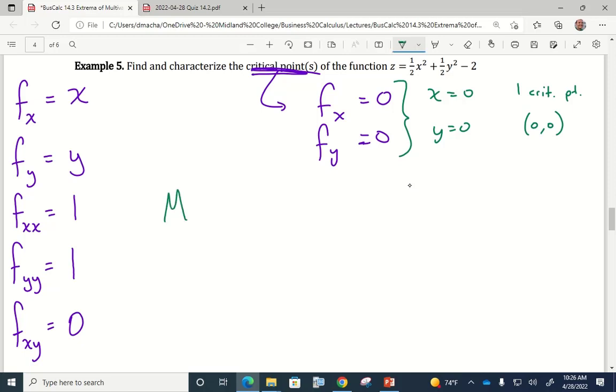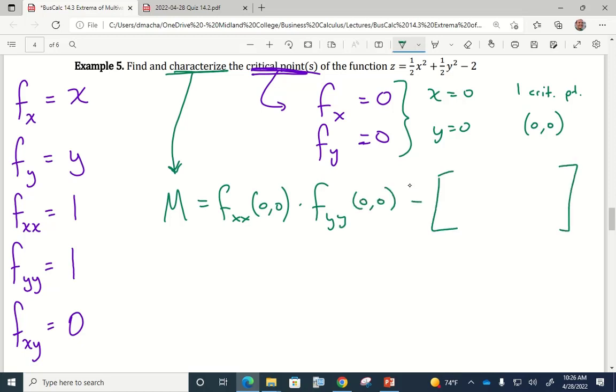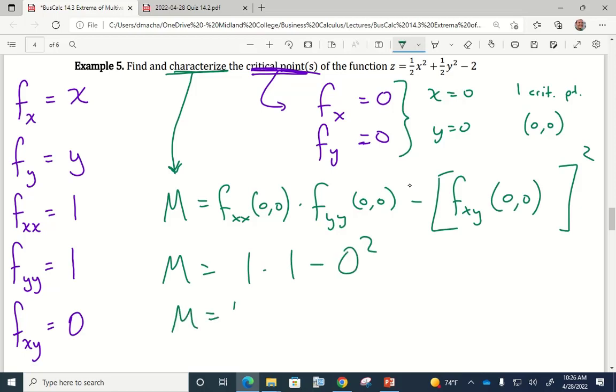What about characterizing them? Well, M is this formula we've been using. So I'm looking at 1 times 1 minus 0 squared. So M is positive 1, which means I either have a maximum or a minimum, according to my little table.